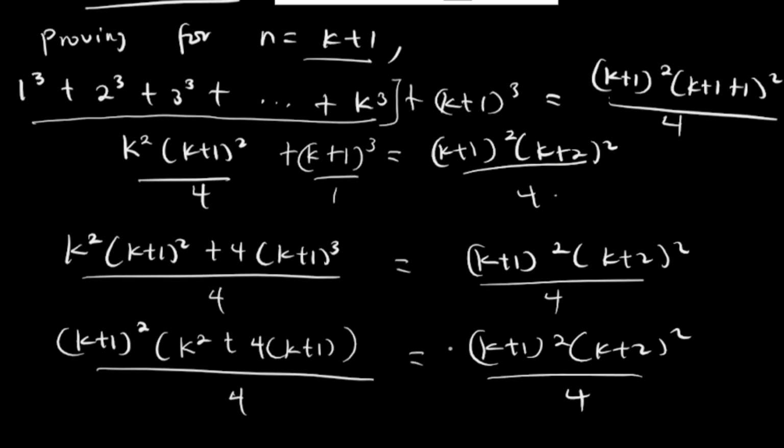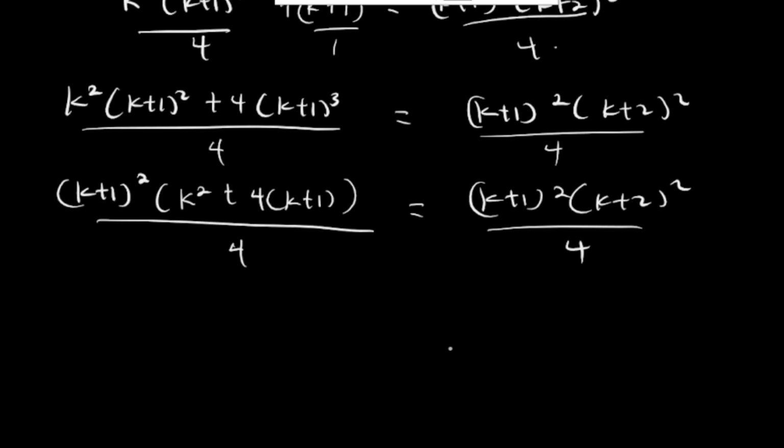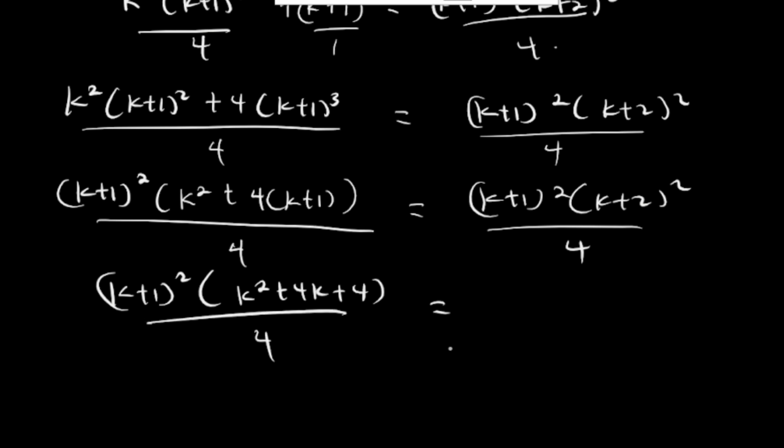So now let's see. This side I'm going to get (k plus 1) all squared. Then this side is giving me (k squared plus 4k plus 4) all out of 4, giving me (k plus 1) all squared, (k plus 2) all squared out of what? 4, right? So we have to show that this and this are equal, and that is simple multiplication.